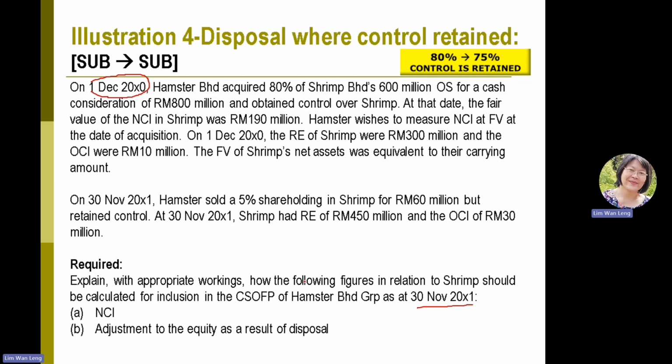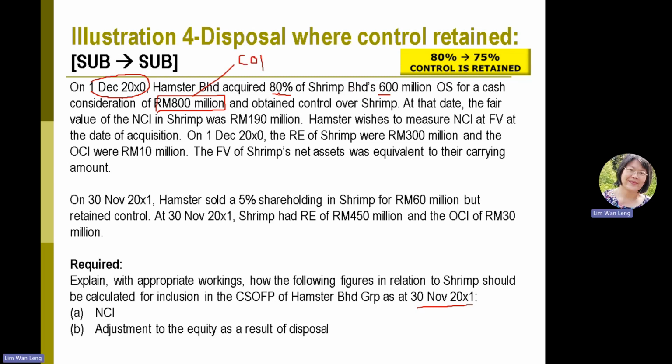In that 1 whole year, what happens? At first, Hamster acquired 80%. How much was the acquisition? For a cash consideration of 800 million. So this is your cost of investment.